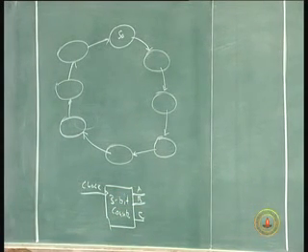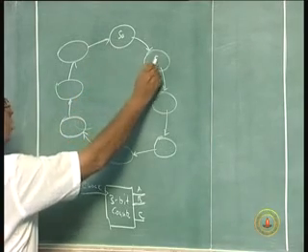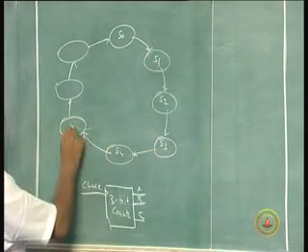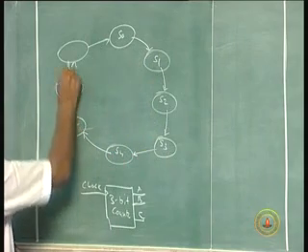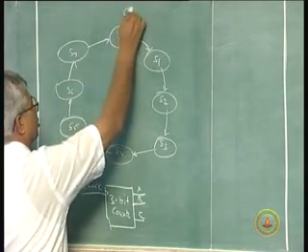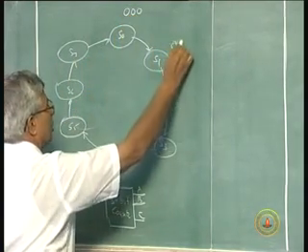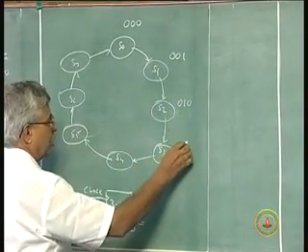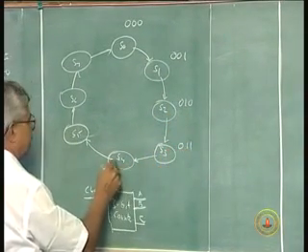Now this is S0, S1, S2, S3, S4, S5, S6, S7. So this is state 0, 0, 0. Notice that I am writing it outside the circle, not inside the circle.